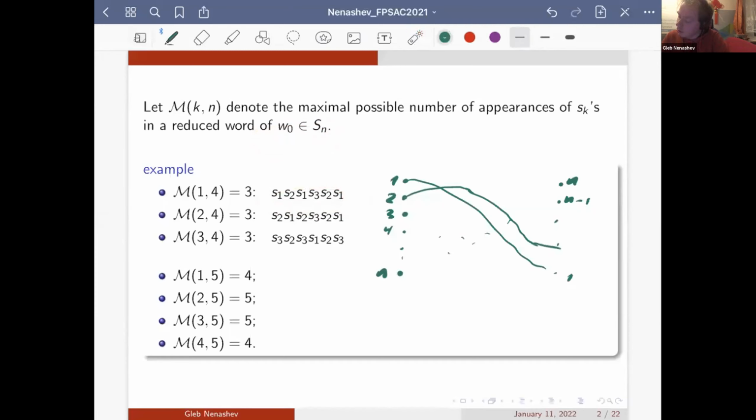And we can write the maximal permutation as a product of n choose 2 simple transpositions in some way, because n choose 2 is the length of the longest permutation. And length is the number of inversions.